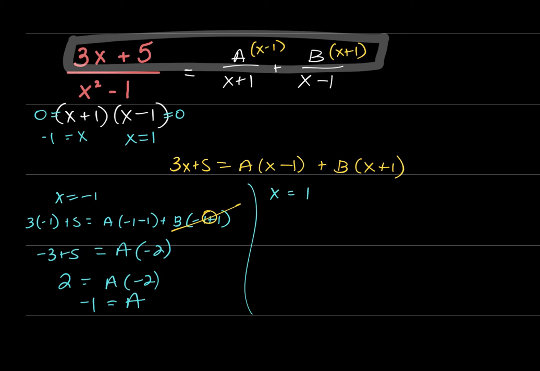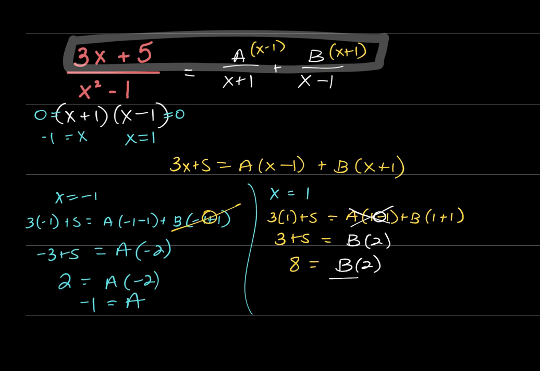Repeat that whole process with positive 1. 3 times 1 plus 5 equals A(1 minus 1) plus B(1 plus 1). 8 equals, this time the A has the 0, so it's gone. B times 2, divide both sides by 2, and B is 4.